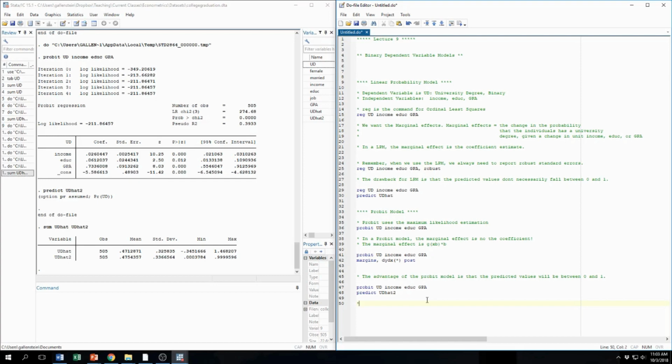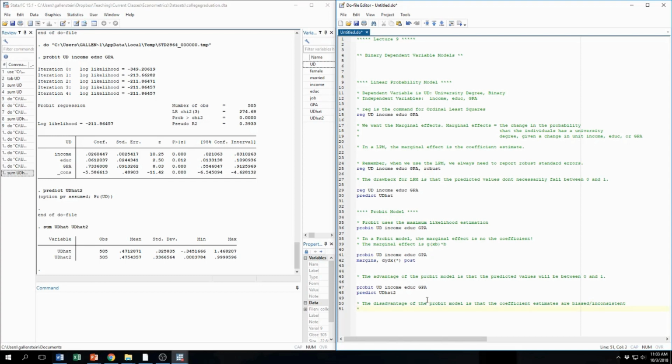Now let's talk about this big disadvantage. The disadvantage of the Probit model is that the coefficient estimates are biased, or more technically speaking, inconsistent. Inconsistent means that even if I have a really big sample, they're still biased.